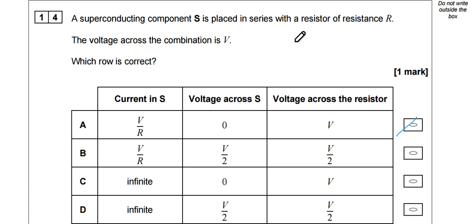So connection in series here means that potential across the combination totally goes to the resistor and nothing to the superconductor. Okay.